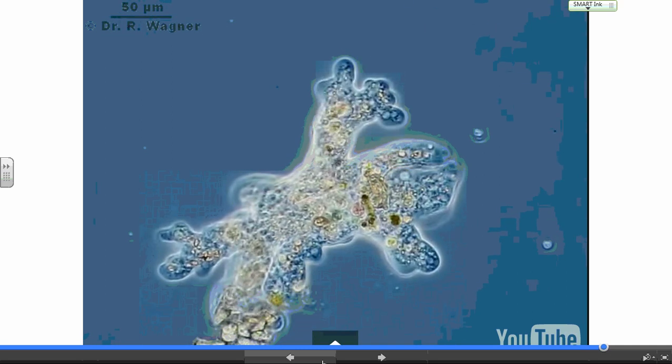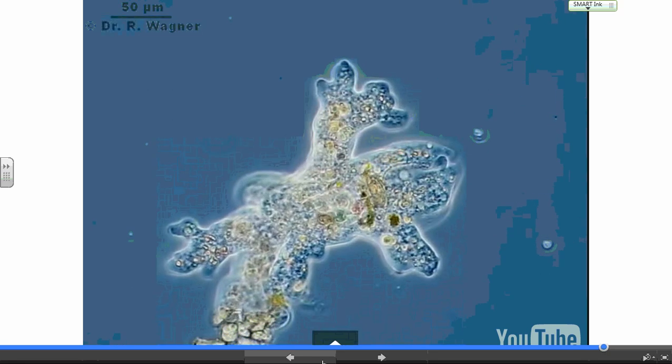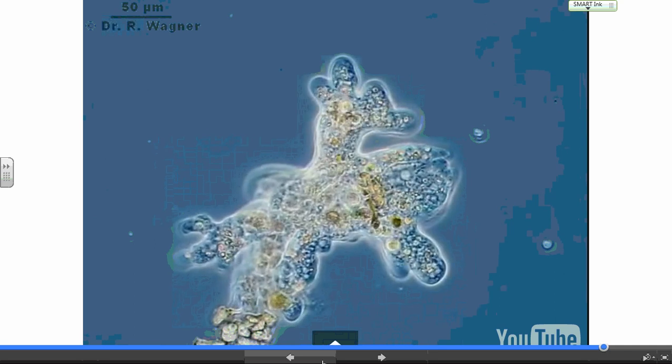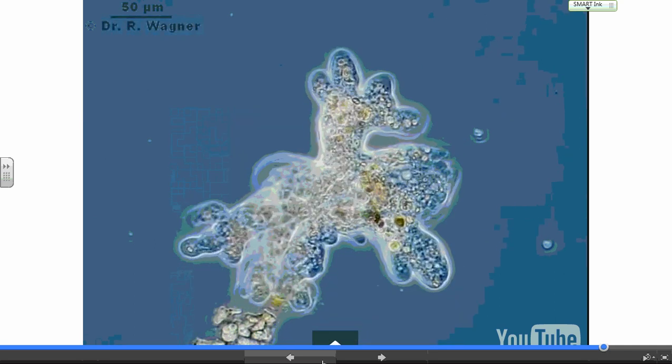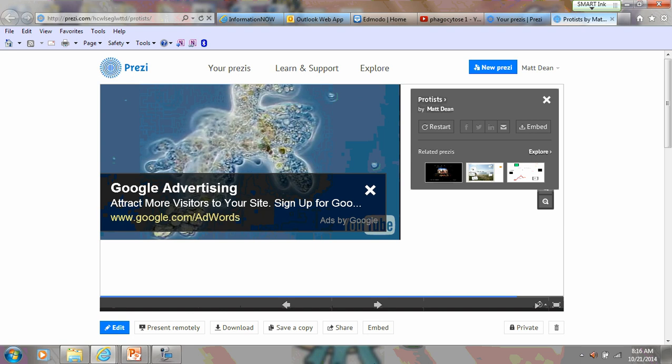What are the little green-like chunks inside it? Not chloroplasts, because these things don't have chloroplasts. My guess is it may be chloroplast, but it's probably chloroplast from something that it what? That it ate. It just hasn't completely digested just yet. All right, that's a good place to stop. That's this part of the test.